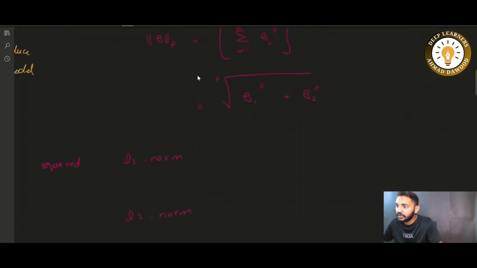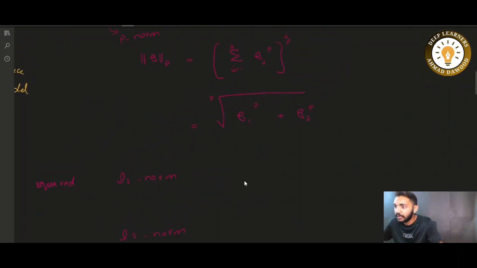Here is how you write it: sigma j from 1 to 2, where instead of p you have the value 2, then 1 over 2.